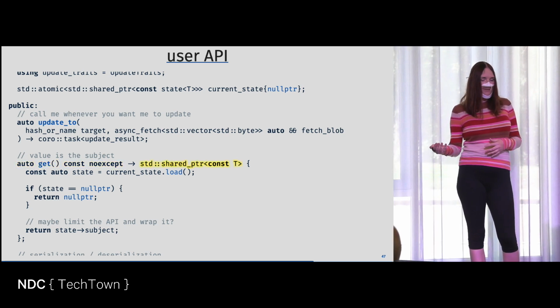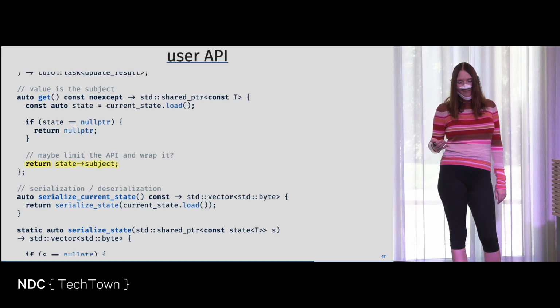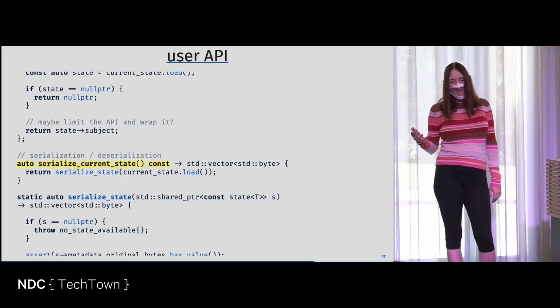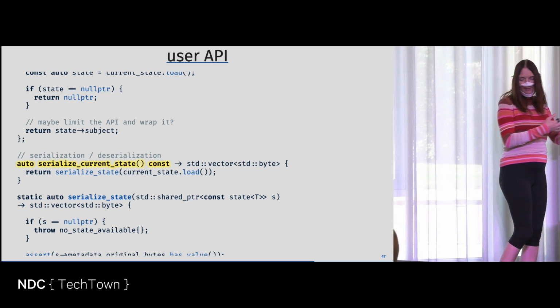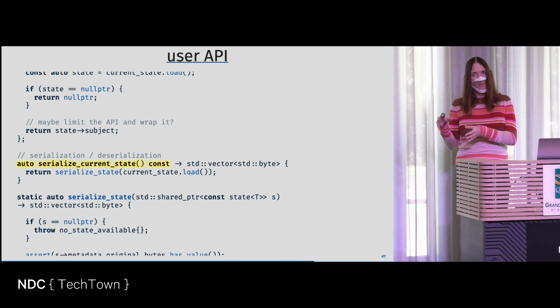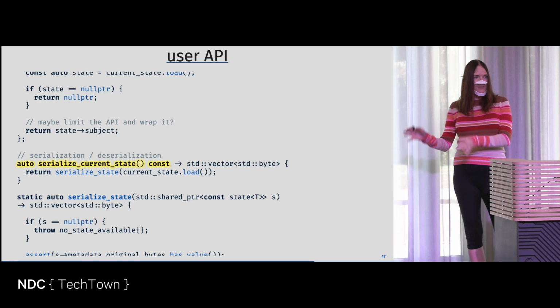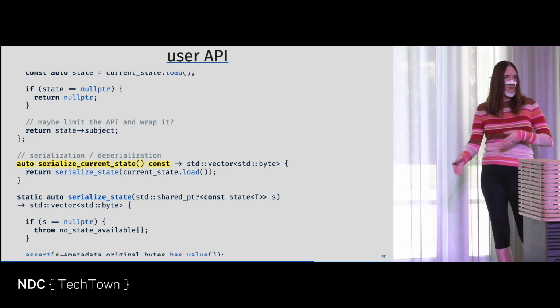If there is none, it will give you a null pointer, obviously. And also you can ask it to serialize the current state. So the user can ask the component to serialize it so it can be stored on persistent storage, if you want to do a restart or whatever.